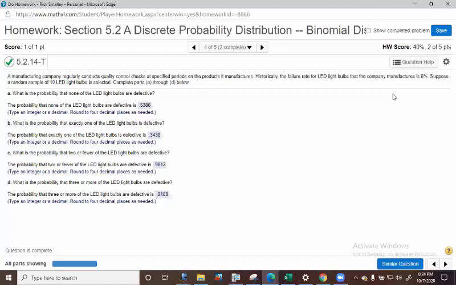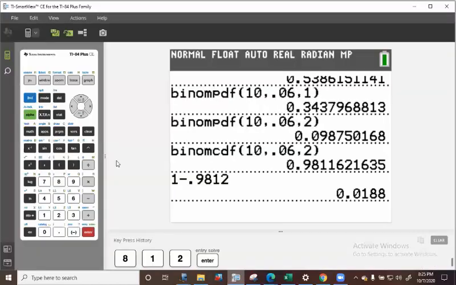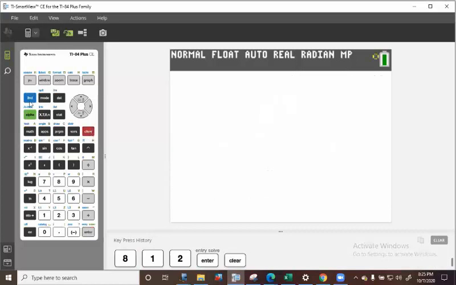What's your failure rate? 10. Wait, what's the percentage? I'm sorry, 8%. Okay, thank you. But the sample size is still 10 or whatever. Yes, sir. Okay. So it might be keeping that fixed and just changing the percentage. Let's see.